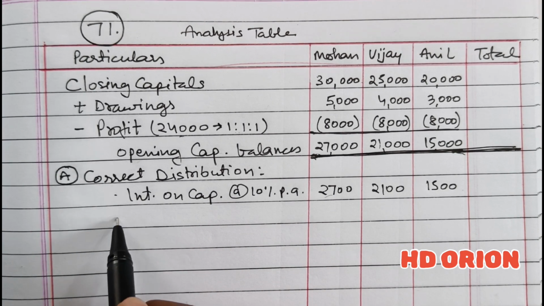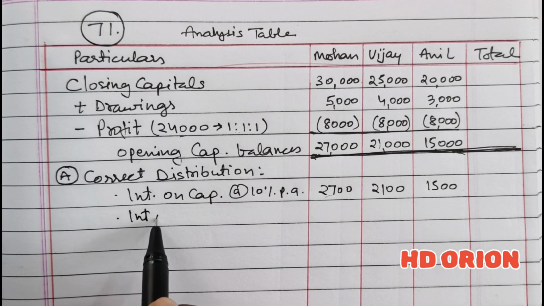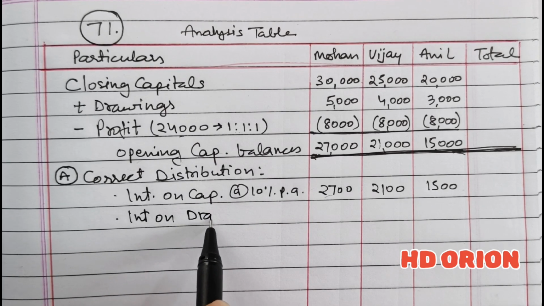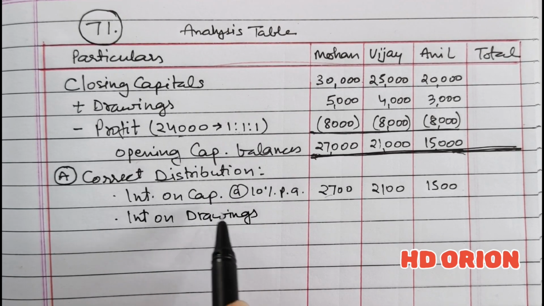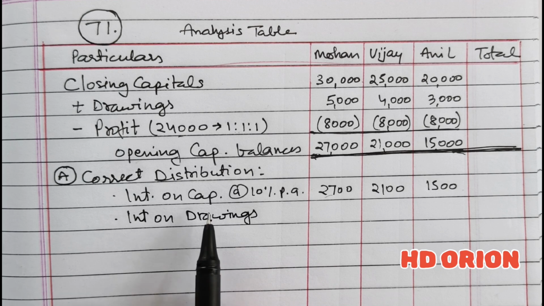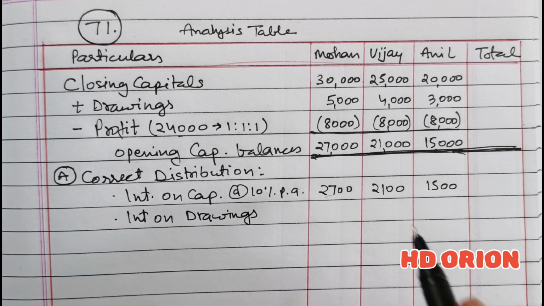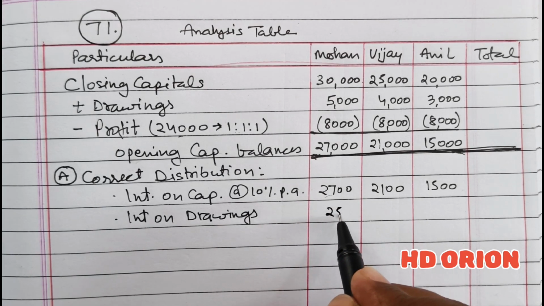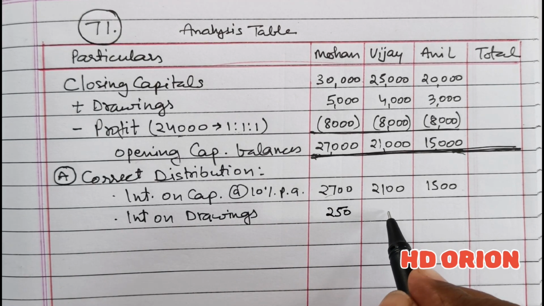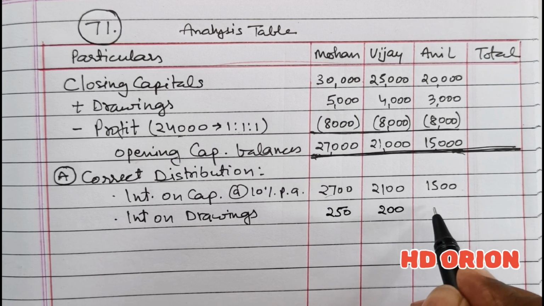But the reverse is the case with interest on drawings. Interest on drawings is opposite of interest on capital, because interest on capital is paid by the firm to the partners and interest on drawings is collected by the firm from the partners. And this interest on drawings is given in the question: 250 rupees for the first partner, then 200 rupees and 150 rupees.